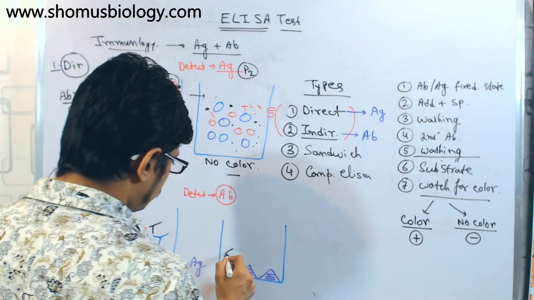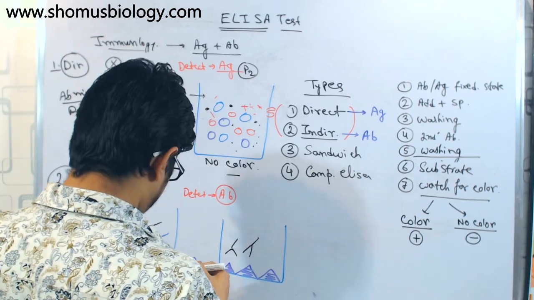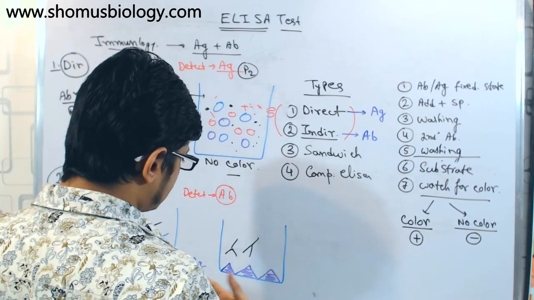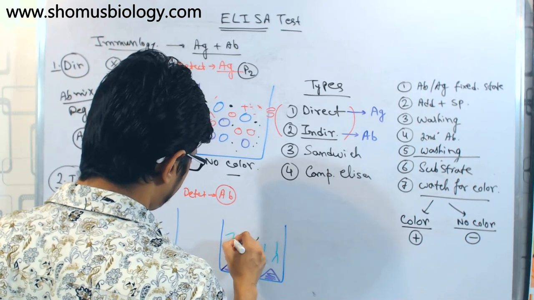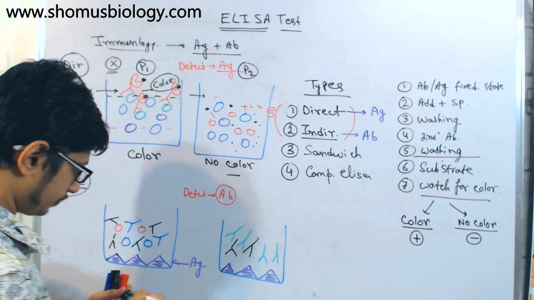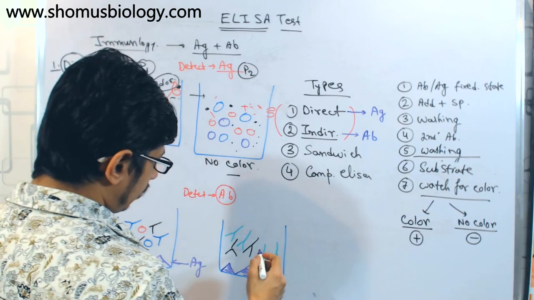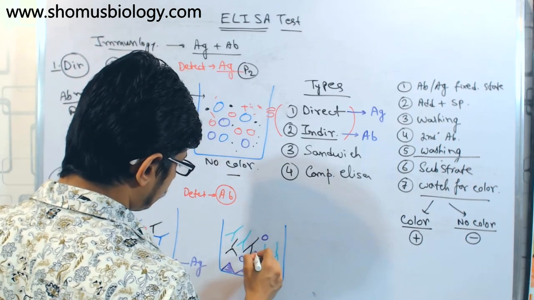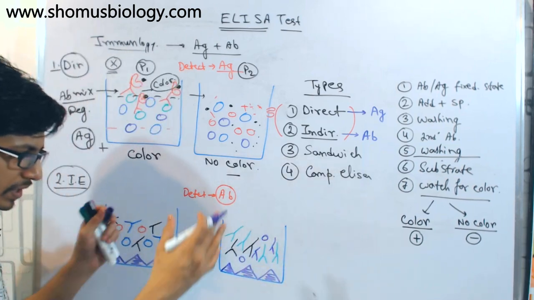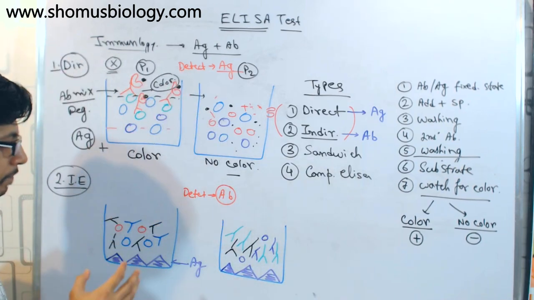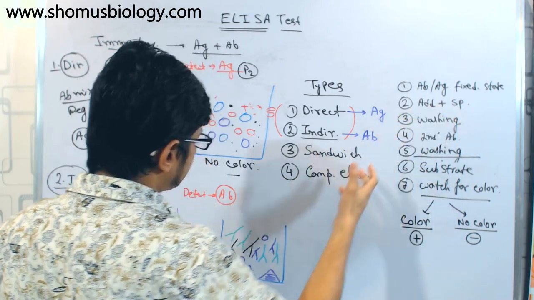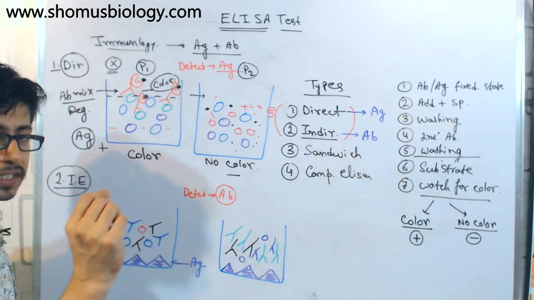In this case also different antibodies are present, but a specific antibody, which I am denoting with a green color, is also present here. A mixture of antibodies is present there. So with the addition of specimen, we are trying to find out the presence of a specific antibody.